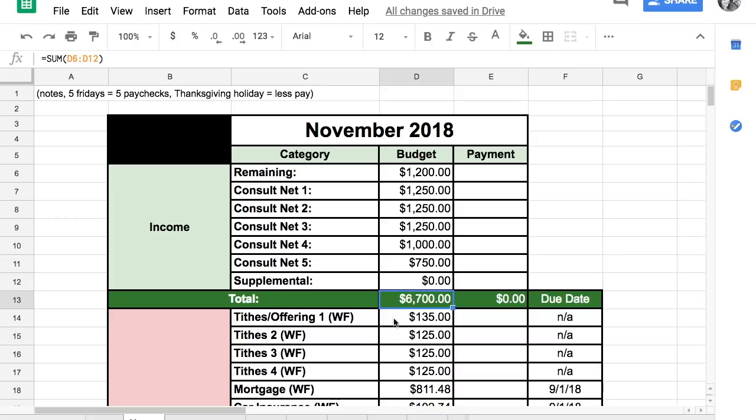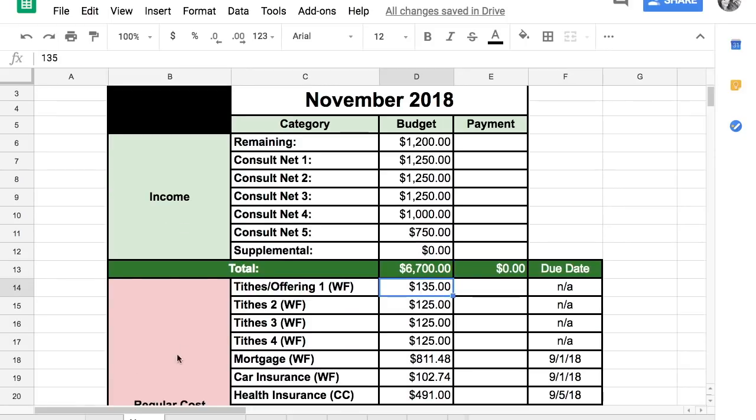So his projected income is $6,700, or actually minus the $1,200, his projected income is $5,500 for the month of November, and then $6,700 when we include the remaining balance that we carry over so that we can pay our first of the month's bills.